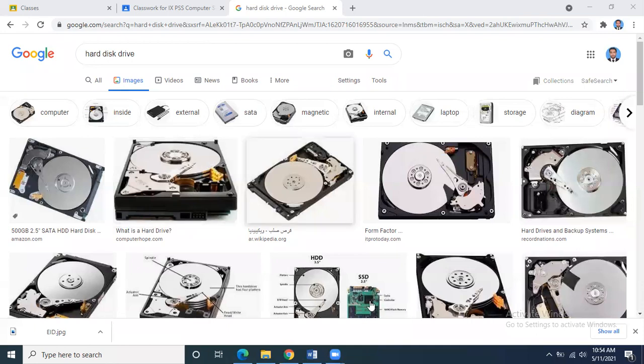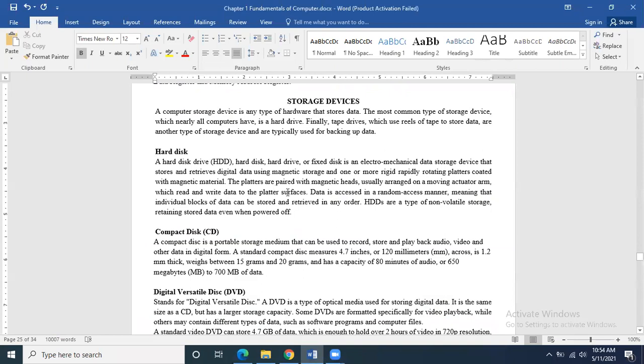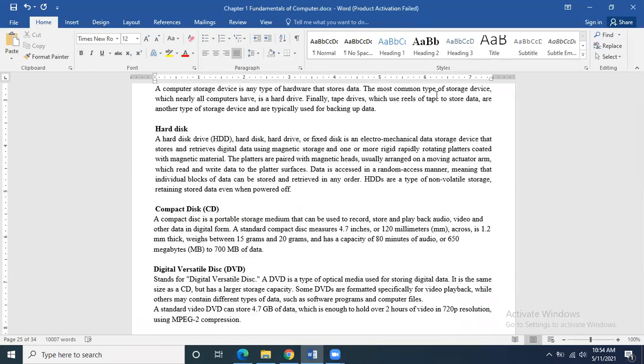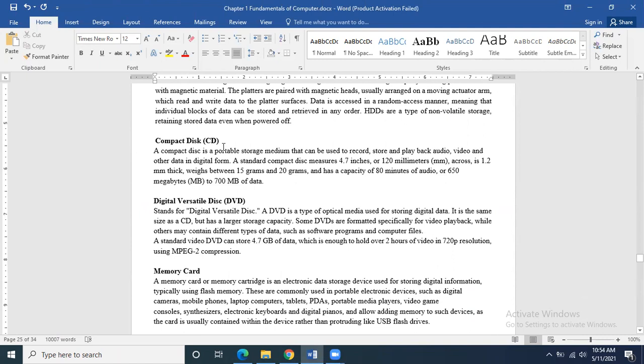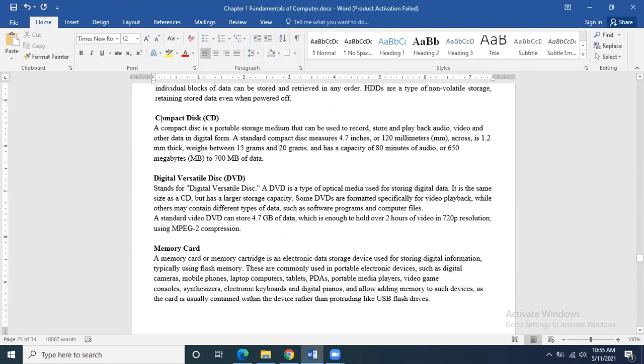So this is a very highly sensitive device, and in this device the drive and disk are attached together. You cannot detach the disk from the drive. These are available in different sizes, from 20 to 100 gigabytes to hundreds of gigabytes, or in terabytes.